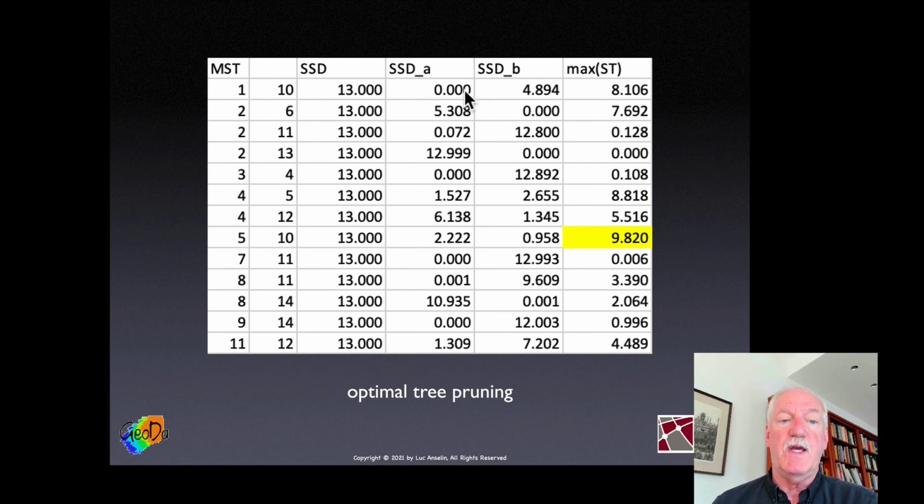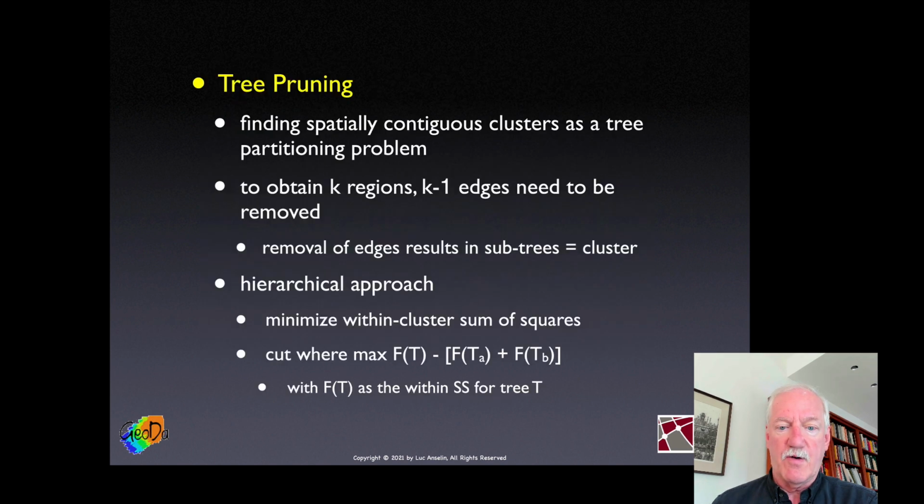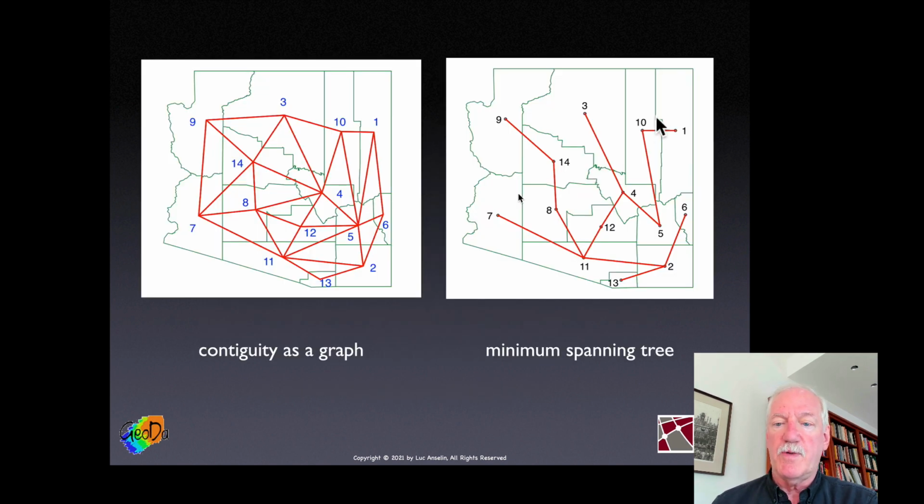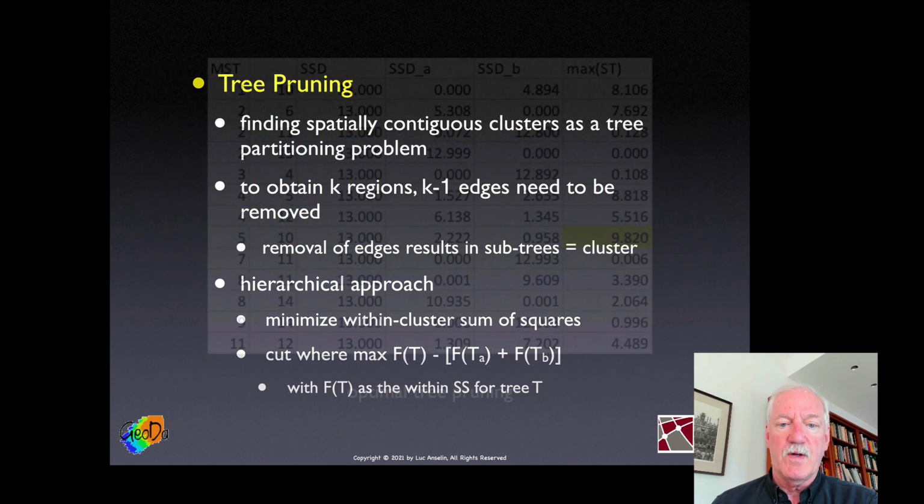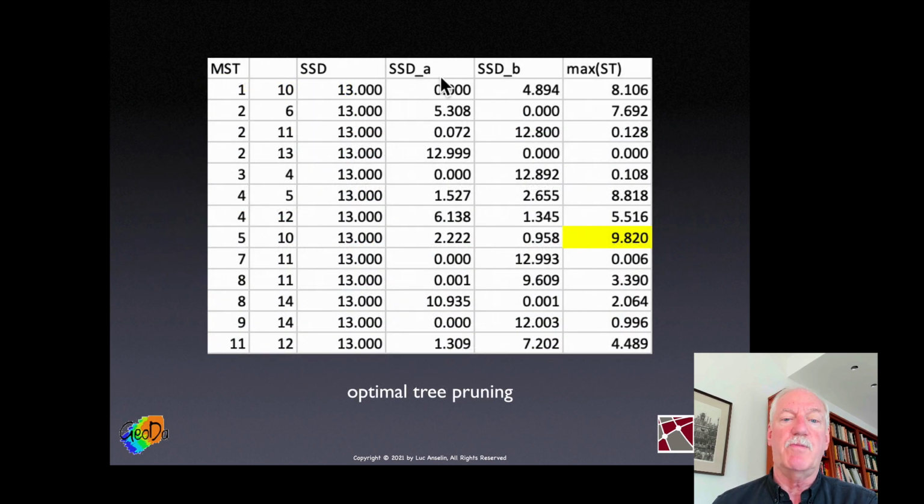And the one subtree in this case of this cut, if I go back here, so if we cut between 1 and 10, then 1 is alone and 10 is everything else. So when 1 is alone, the corresponding sum of squares will be 0. So this is a singleton, and this is the sum of squares of the rest. The difference between what we start with, the 13, and what we end up with, the 4.89, is 8.1.